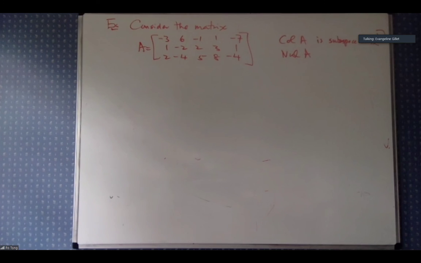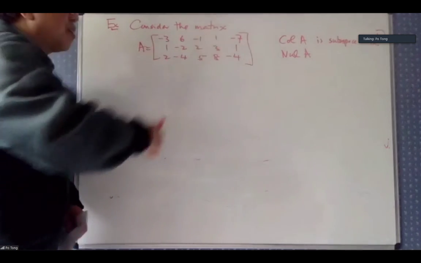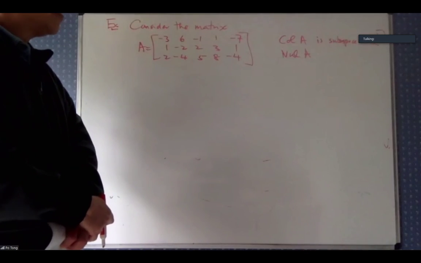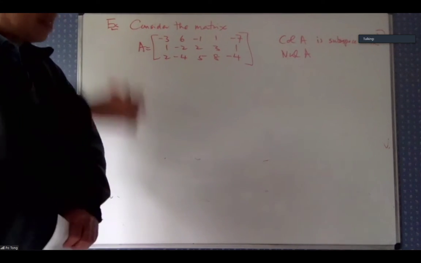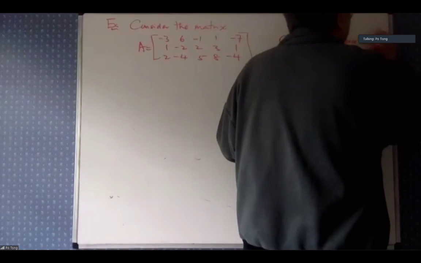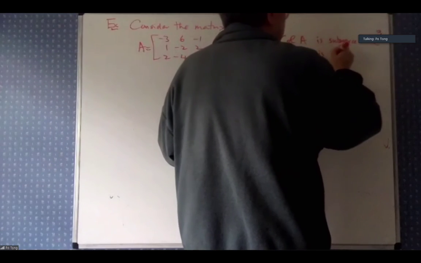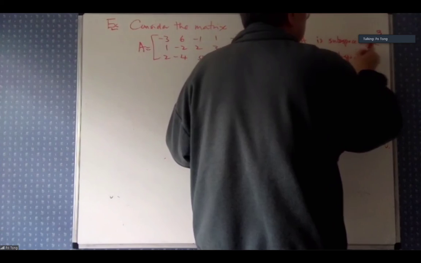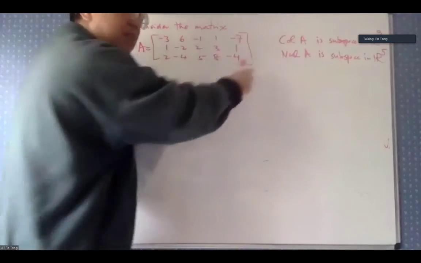Span by the columns. How many entries are in each column? You guys know this. 3. You guys were able to do this type of problem in the test. Null space is a subspace in R5, okay, because you're solving AX equal to 0, you're doing this. Okay.